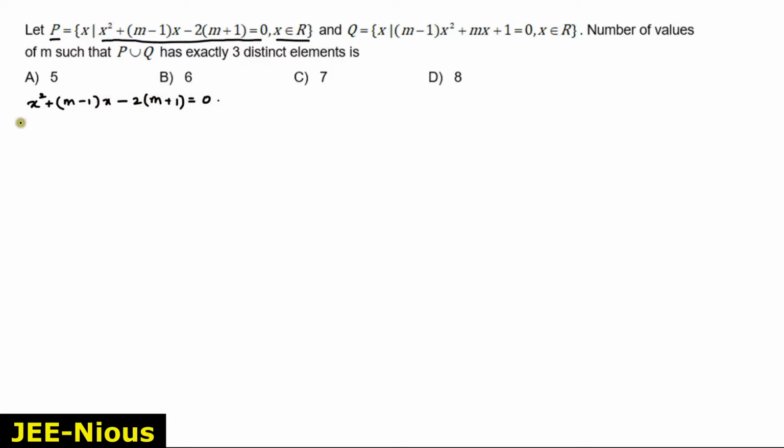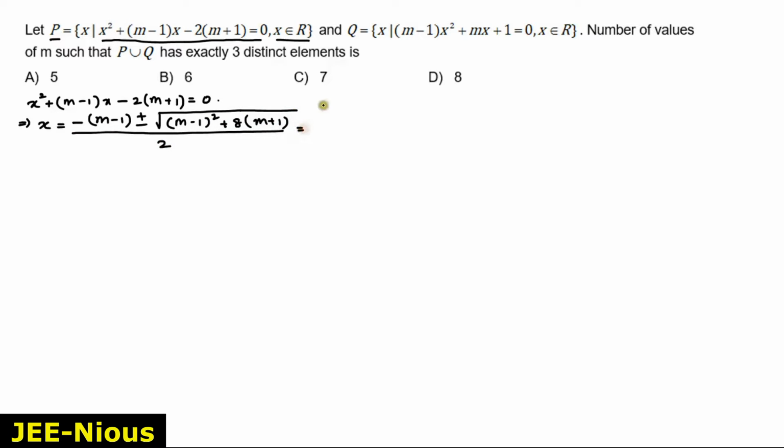Now, if we apply Sridharacharya's method, we have x equals minus b plus minus root over b square minus 4ac, divided by twice a.